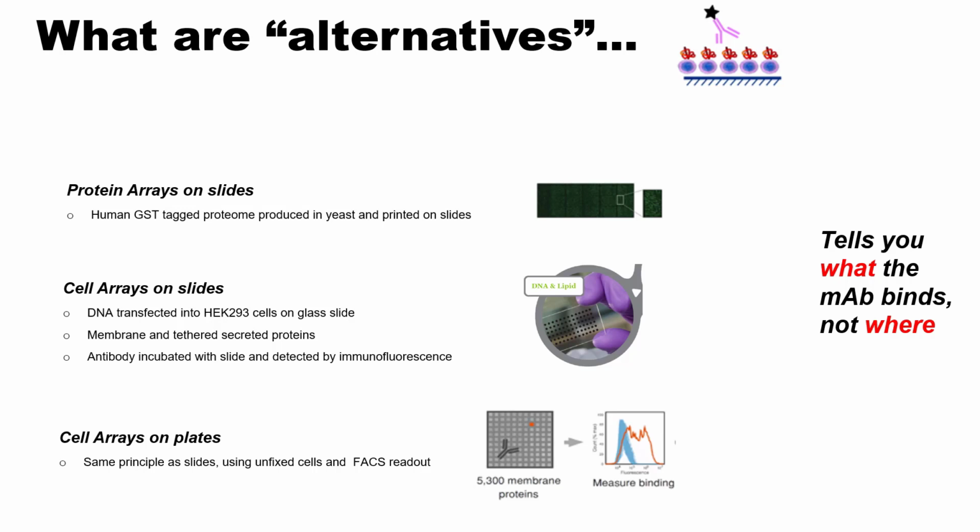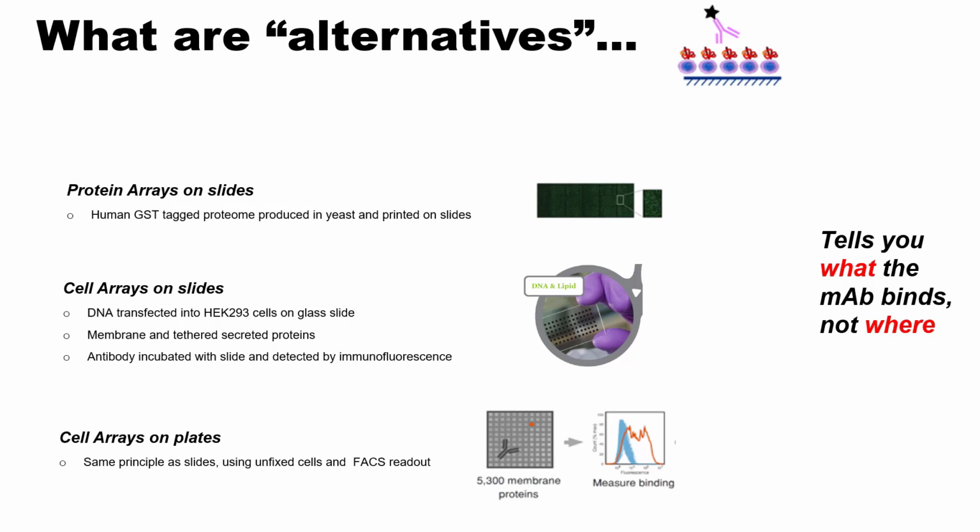Most recently, this has allowed an understanding of the binding of the antibody in the cellular context. One approach might be to spot plasmids that have a library of human membrane proteins spotted across a slide, and then growing cells over those plasmids, and then panning the antibody again across the slide.